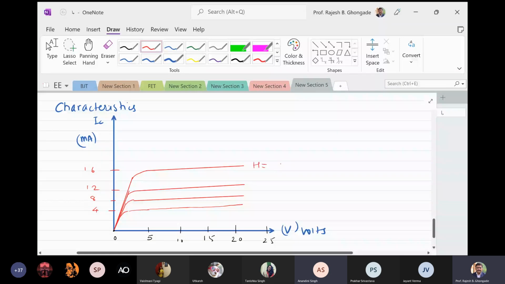So it's 25 milliwatt per centimeter square. This is 20 milliwatt per centimeter square. This is a typical, let us say, value, and so on. Here it is 10 milliwatt per centimeter square.